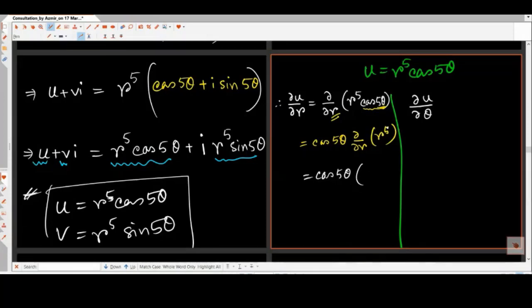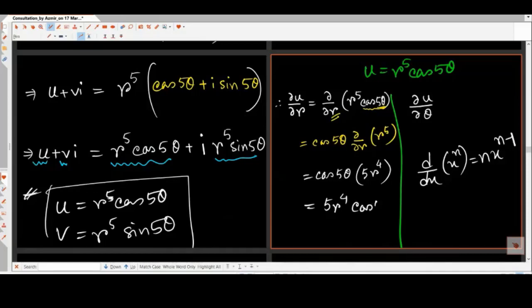Differentiation of r to the 5 is 5 r to the 4, because we know that d dx of x to the n is n x to the n minus 1. We have found 5 r to the 4 cosine 5 theta, that is du dr. So the first part has been found.